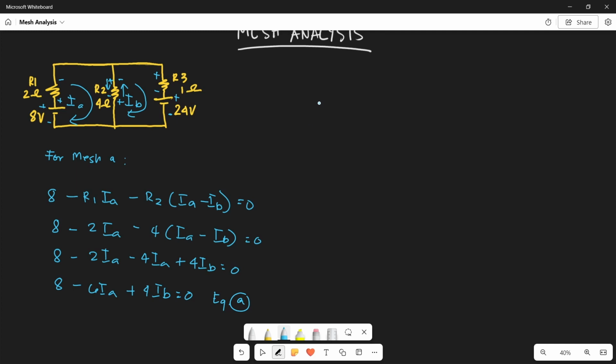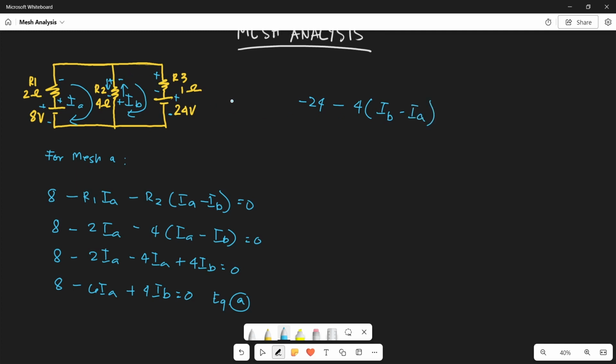So negative 24 and then minus, because it's a voltage drop, R2, which is 4 ohms, 4 times the current through R2 with respect to IB, which is IB minus IA.